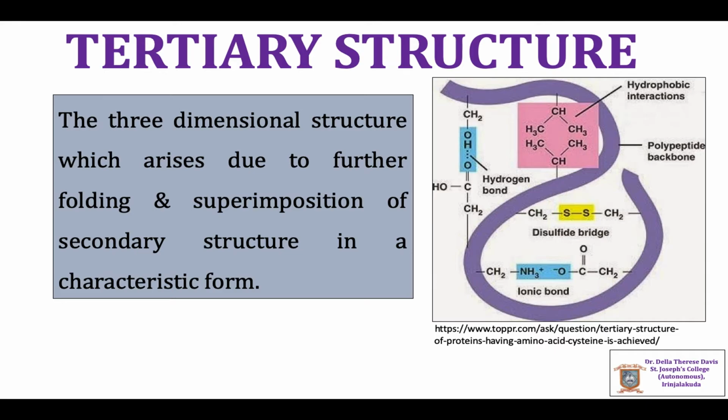The three-dimensional structure of a protein which arises due to further folding and superimposition of different secondary structural units in a characteristic manner is called the tertiary structure of a protein. The tertiary structure gives rise to two major molecular shapes, the fibrous and the globular shaped proteins.